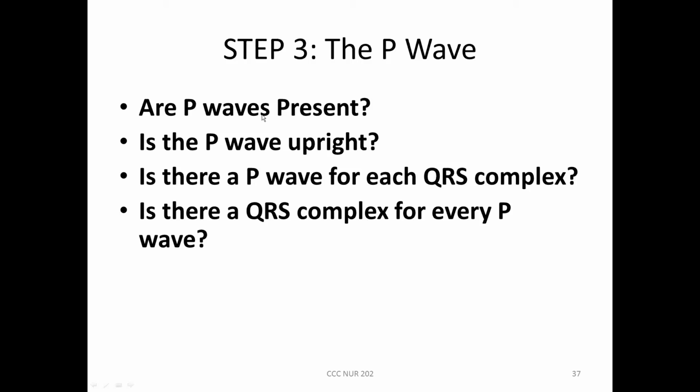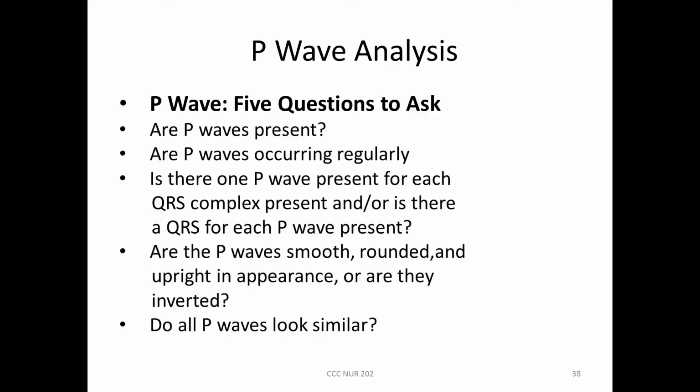The P wave, step 3. Are P waves present? These are the questions you have to ask yourself. Are the P waves present? Is the P wave upright? Is there a P wave for each QRS complex? Is there a QRS complex for every P wave? The questions to ask yourself: Are P waves present? Are P waves occurring regularly?